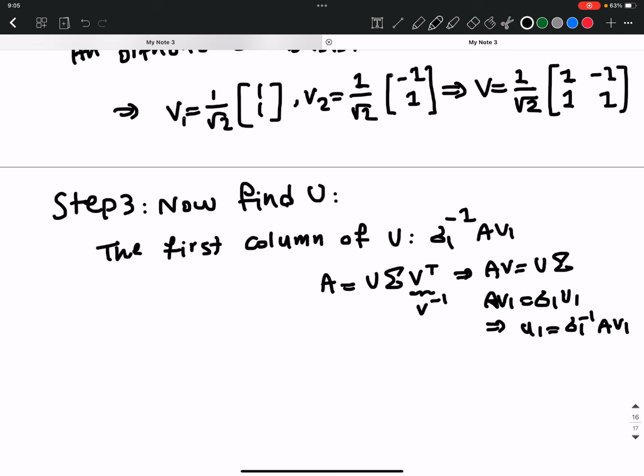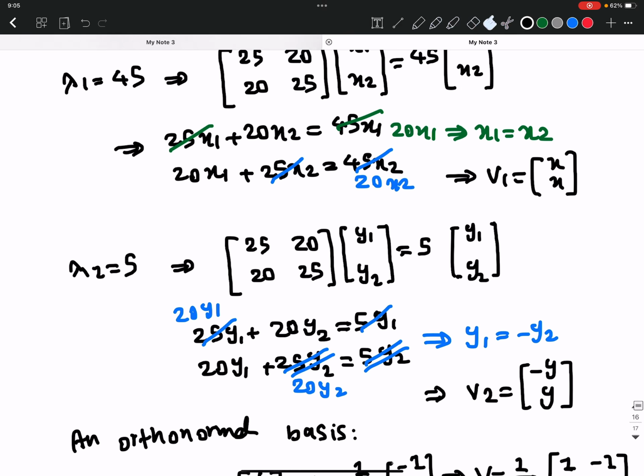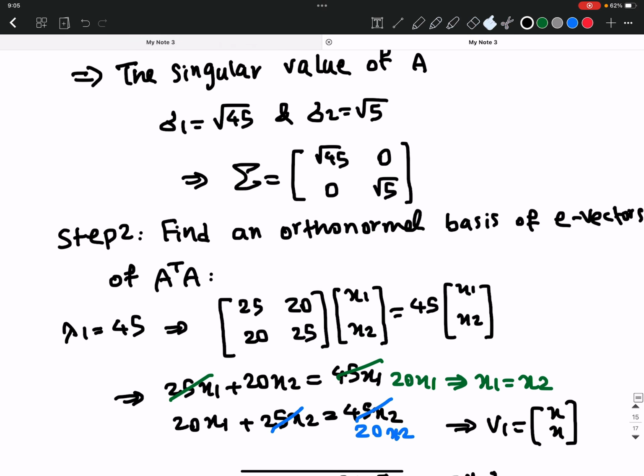So let's start here. So U1 will be: first, I need to write this matrix here, sigma, and then multiply it by the first vector V1. Okay, so that gives me that matrix.